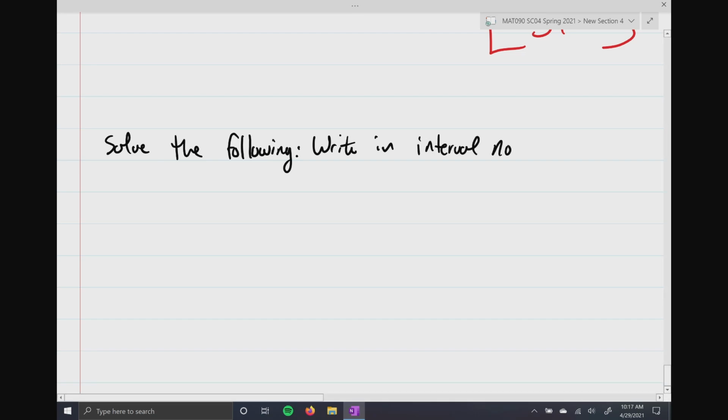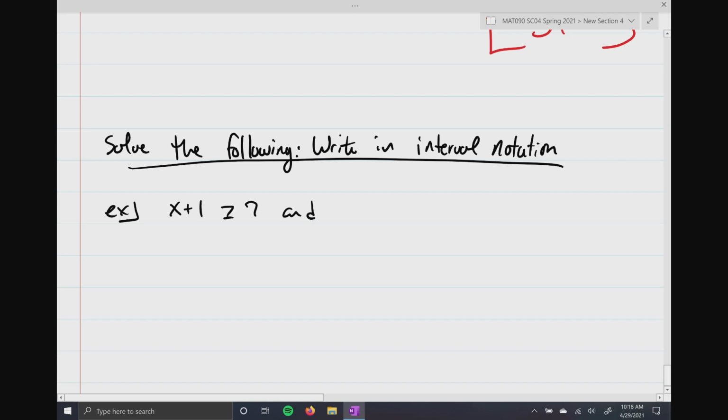Anyways, write your answer in interval notation. All right, so here we go. Here's your first example: x plus 1 is greater than or equal to 7, and 3x minus 1 is greater than or equal to 5.